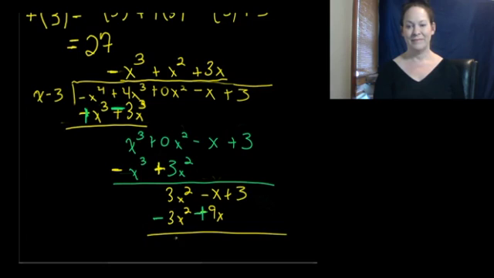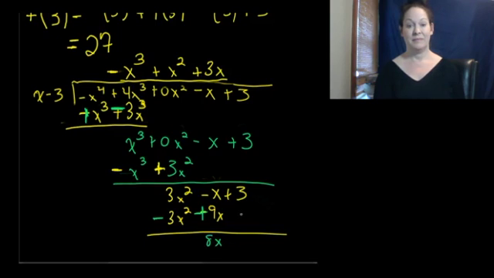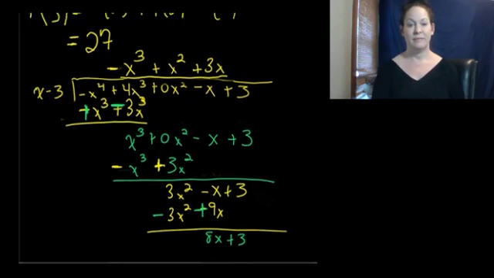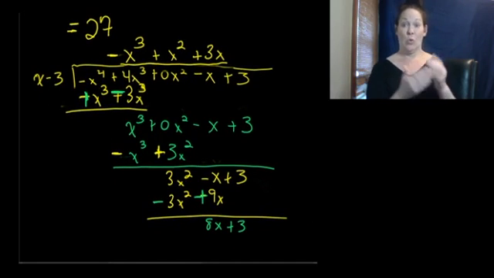If I did my job right, the leading terms cancel. This gives me 8x plus 3. My new leading term is 8x.